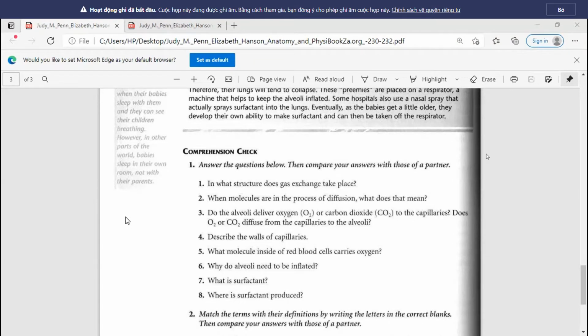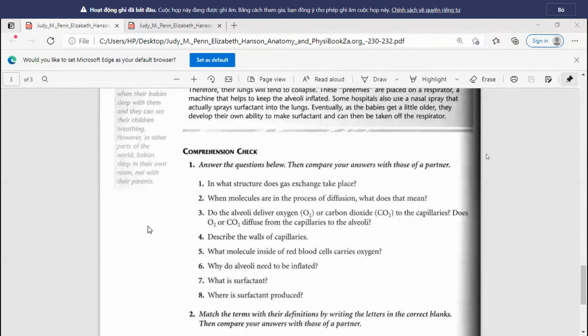Keywords are alveoli, deliver, oxygen, carbon dioxide, capillaries. Does oxygen or carbon dioxide diffuse from the capillaries to the alveoli? Keywords: oxygen, carbon dioxide, diffuse, capillaries, and alveoli.